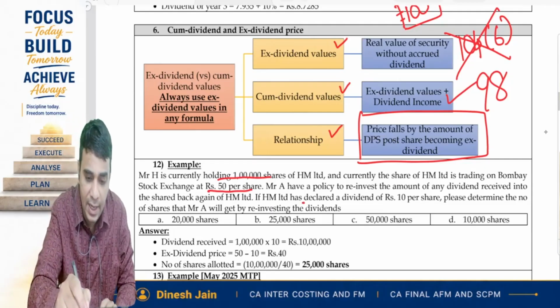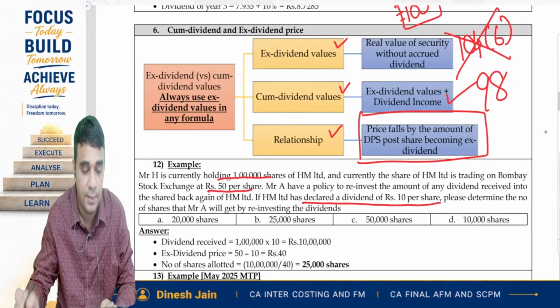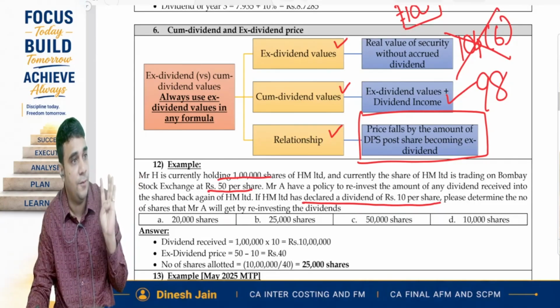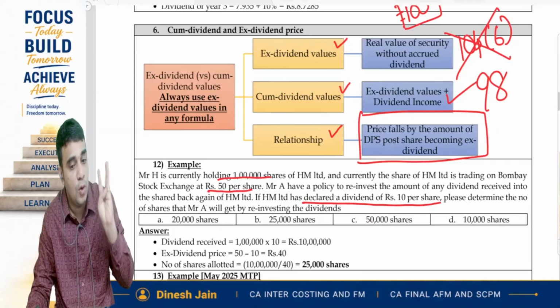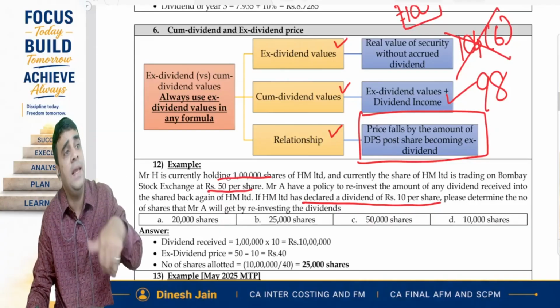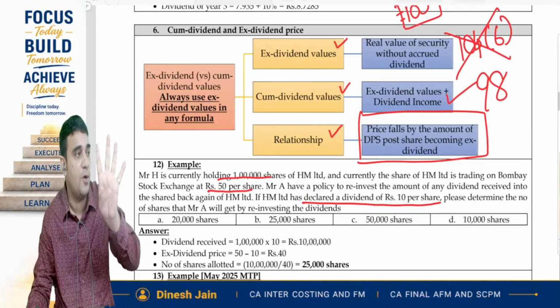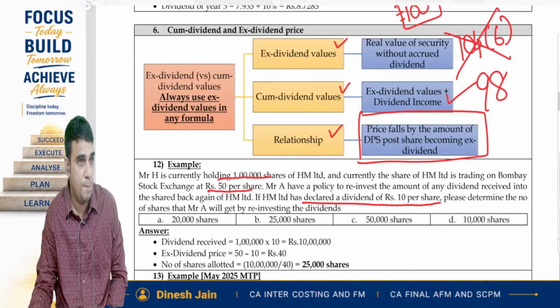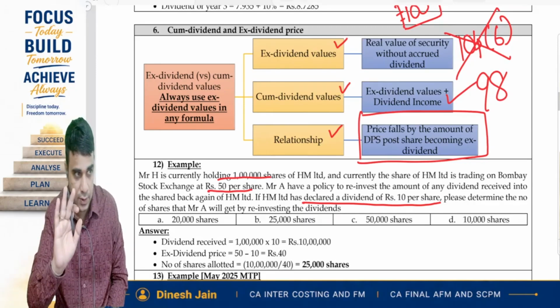HM Limited declared a dividend of 10. If they declare 10 rupees, 50 will go down to 40, and my income will be reinvested at 40 rupees. Any doubts on this? Understood till this?